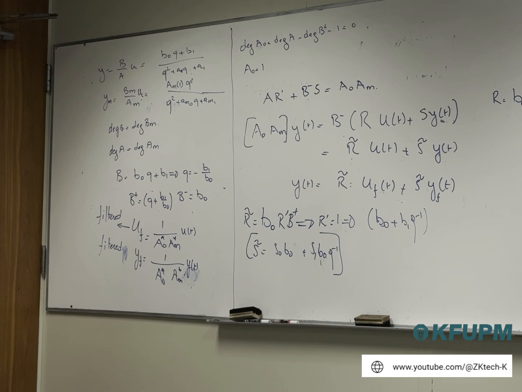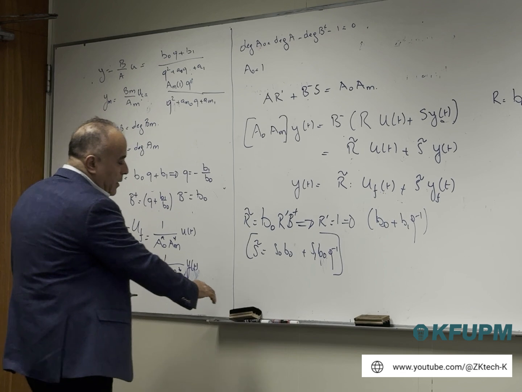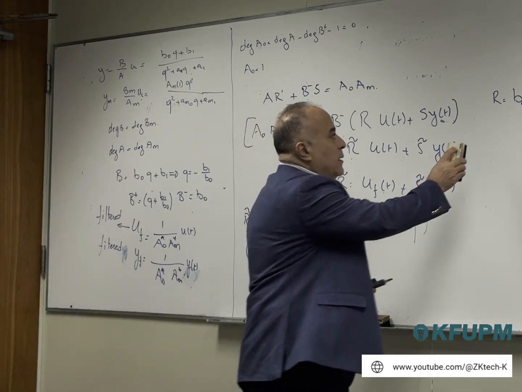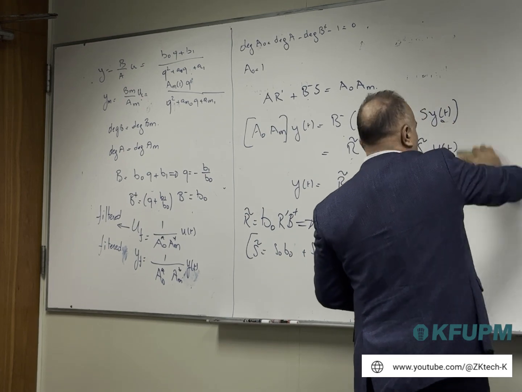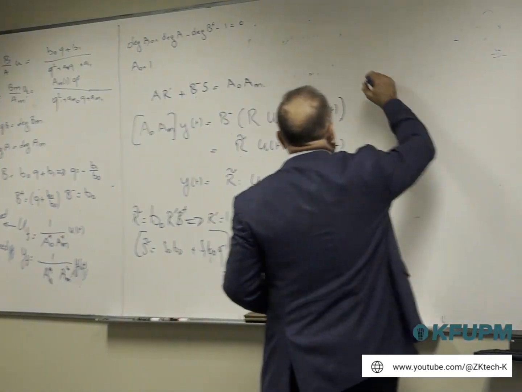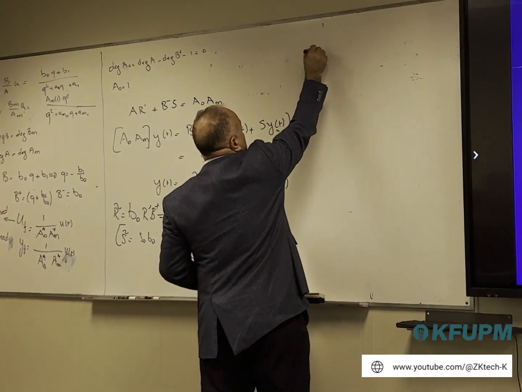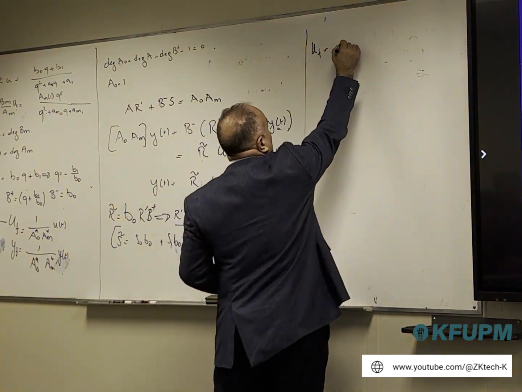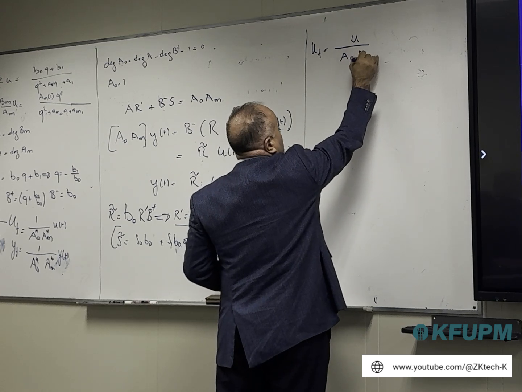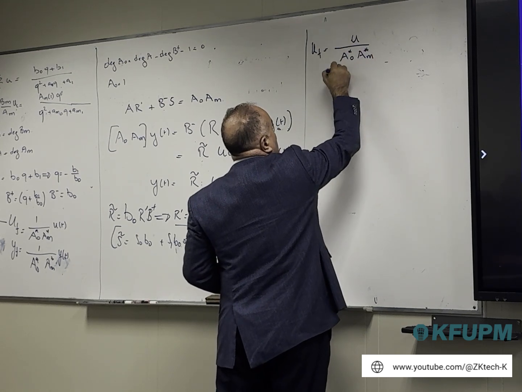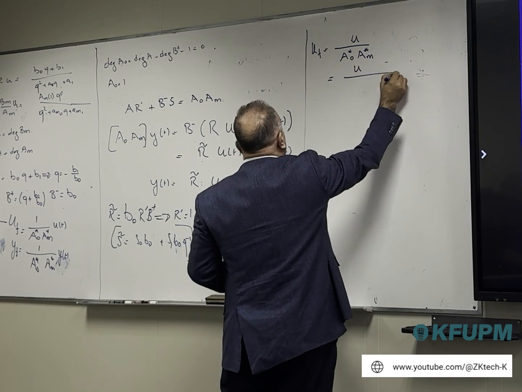So why I'm doing all this with you is just to give you the two filters that we need to implement, because at the end of the day there are two filters. The first one is how to compute u filtered and y filtered. So u filtered is equal to u divided by A_m star.